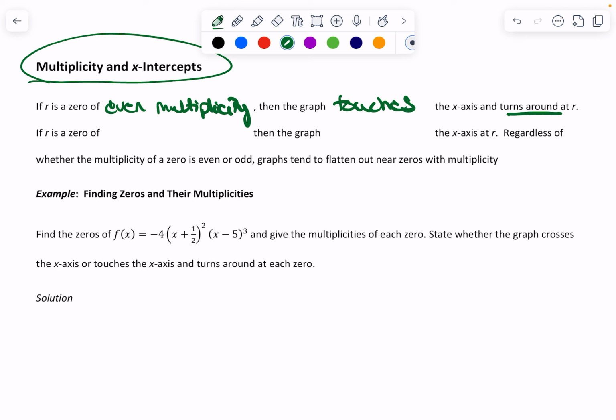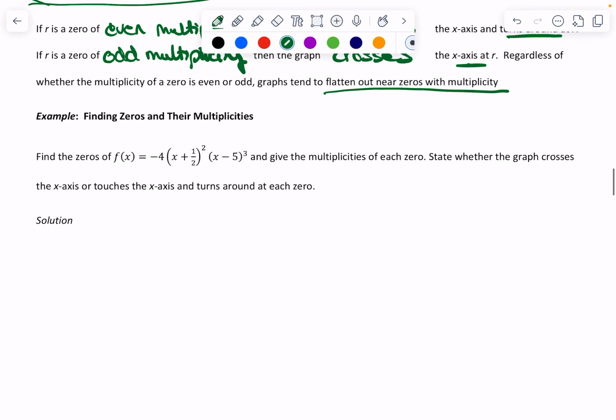If r is a zero of odd multiplicity, then the graph crosses the x-axis at r. Regardless of whether the multiplicity of a zero is even or odd, graphs tend to flatten out near zeros with multiplicity. Okay, so let's look at finding zeros and their multiplicities.